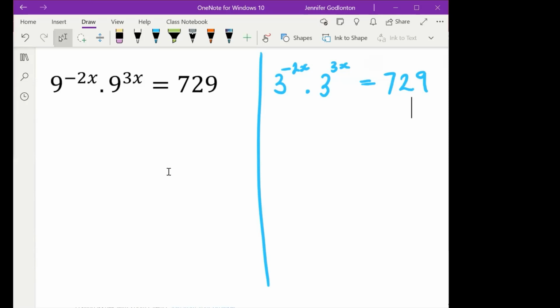Okay, so let's have a look at the one on the left for us. When we have 9s, we have 2 different options. We could either get everything to a base of 3, or we could keep things as 9s. Both of them are totally fine options. But I'm going to show you if we had used our prime bases, what it would have looked like first. I made this 3 squared to the power of -2x times 3 squared to the power of 3x.